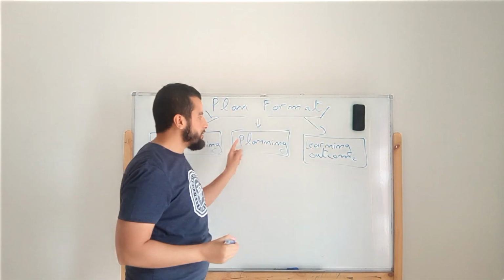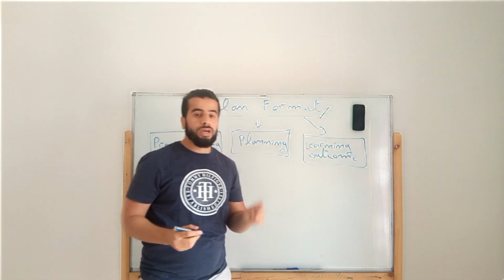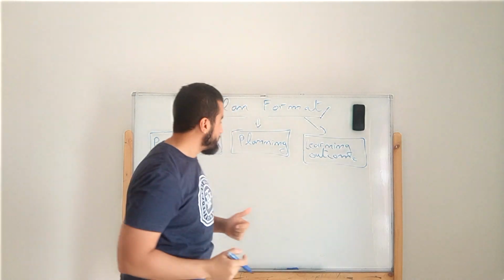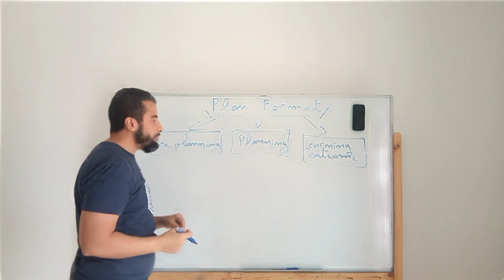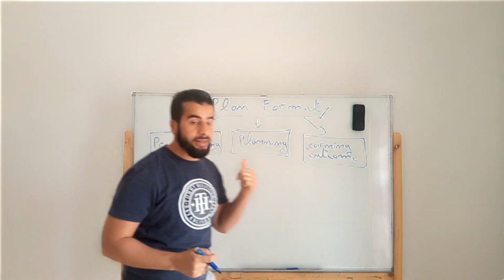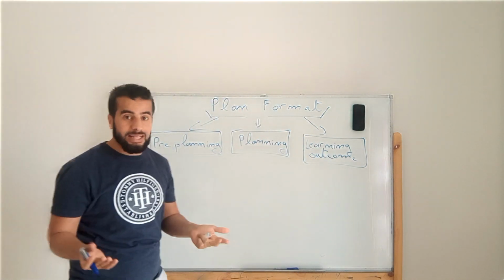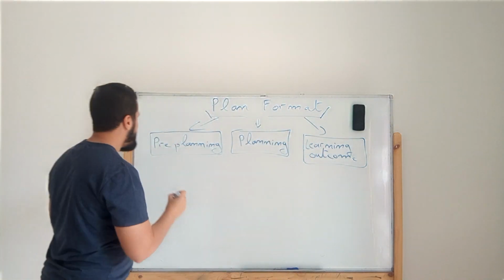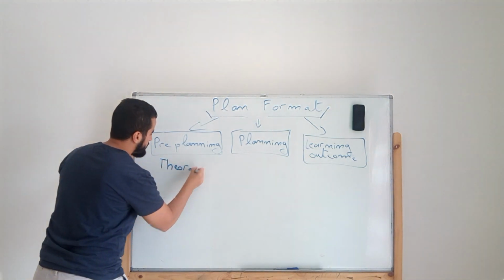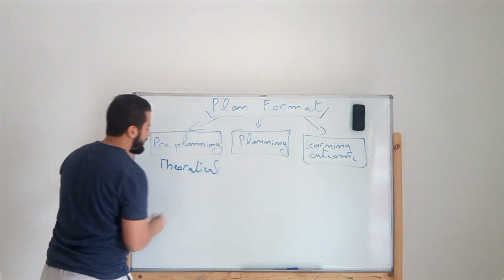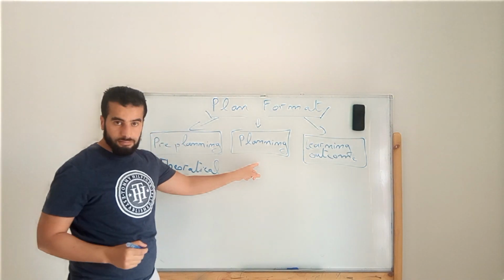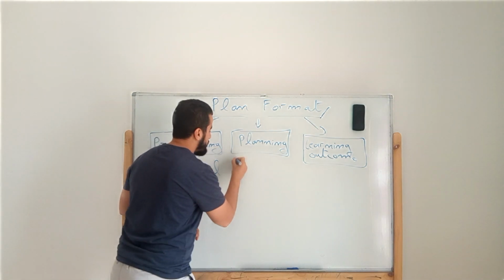I will explain each one of them so you can know how they differ from each other. The first thing is pre-planning. I will use a keyword so that you can understand. Pre-planning is done obviously at home. So here, theoretical process, right? Planning here is practical.